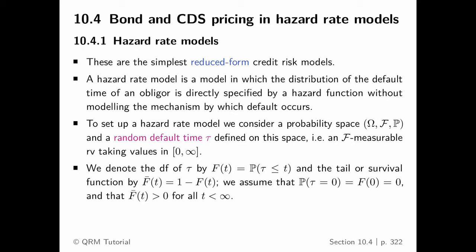It makes sense to consider it as a probability distribution on 0 to infinity, included, and tau equals infinity simply means that default never happens. So it's not a technical problem. You could choose a defective distribution function.